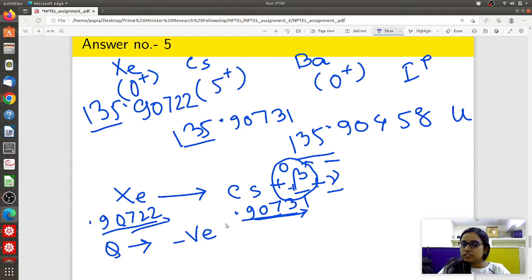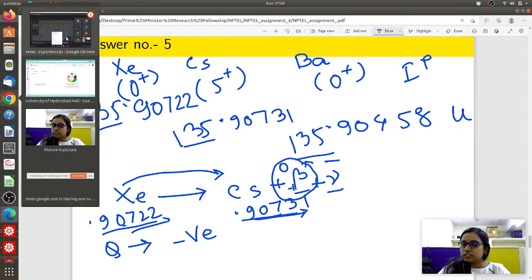That means it should not be allowed, it should not be energetically favored. So that means the xenon to cesium beta minus decay is not possible. It is energetically disfavored.